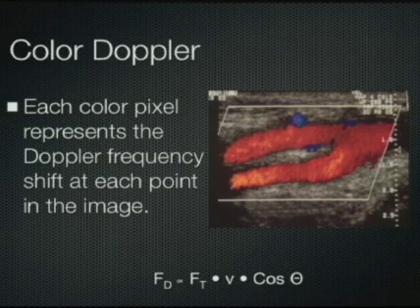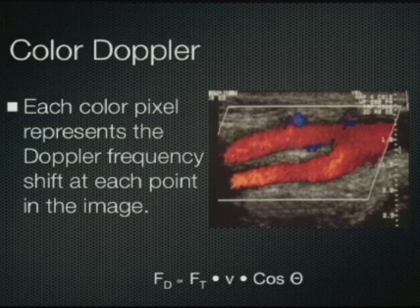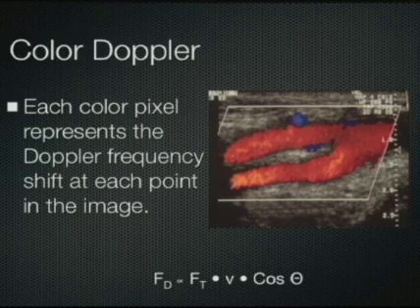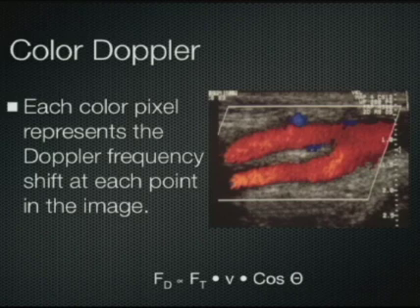The color Doppler is a very appealing image, and it looks very simple to interpret. But in fact, the information contained in the image is simply the information of the Doppler frequency shift recorded in each pixel.